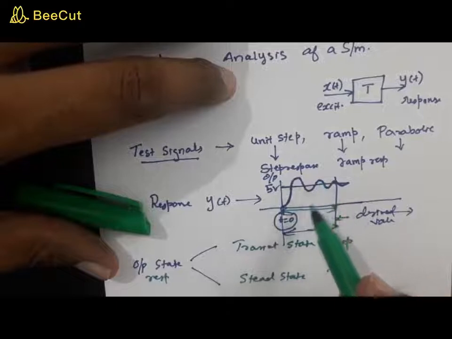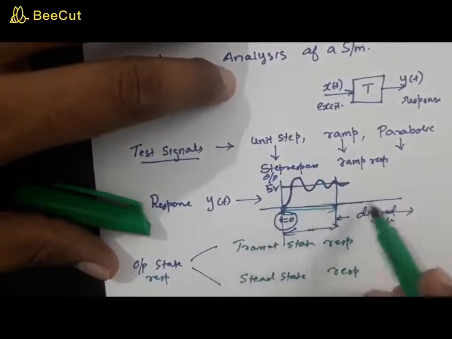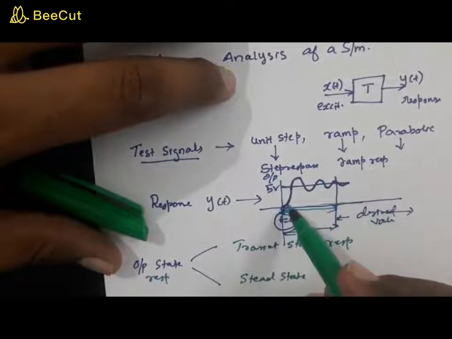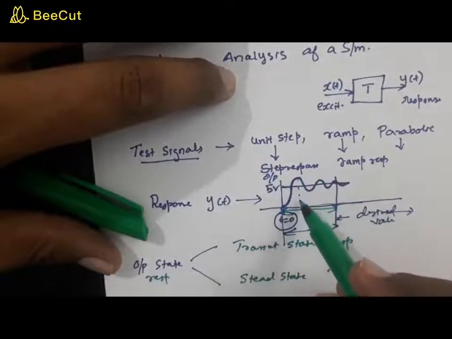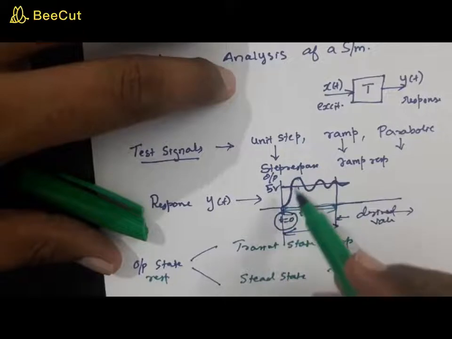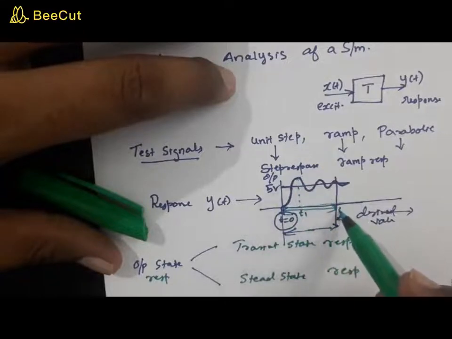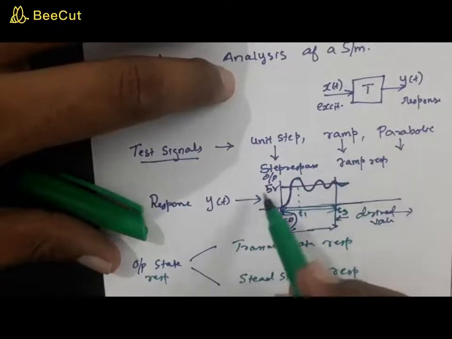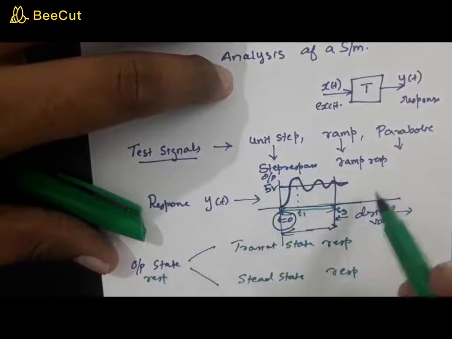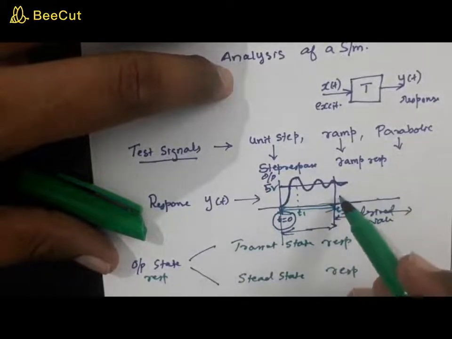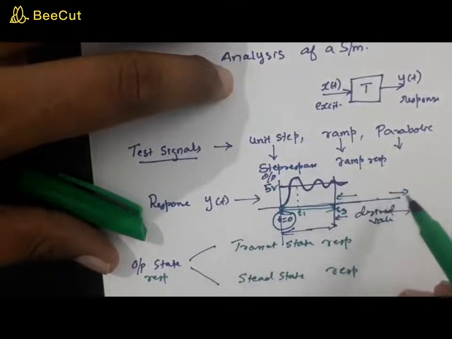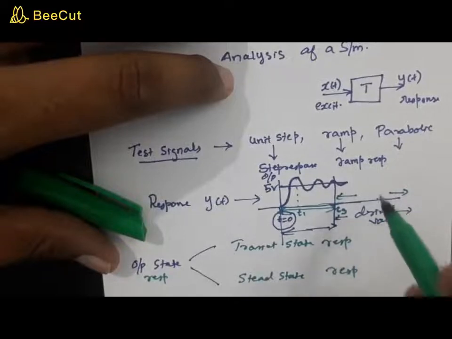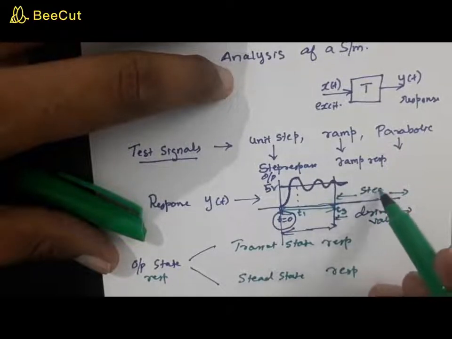This is the time axis. At t is equal to 0, the input is excited. At t1, it is not 5 volt, it's oscillating, and let us call it Ts. At a particular Ts, we find that the system almost reaches the 5 volt, which is the desired value. After this time, the system has reached the desired value, or it is in the steady state.